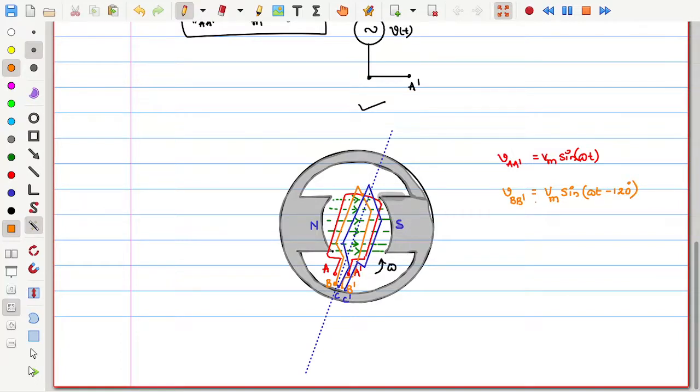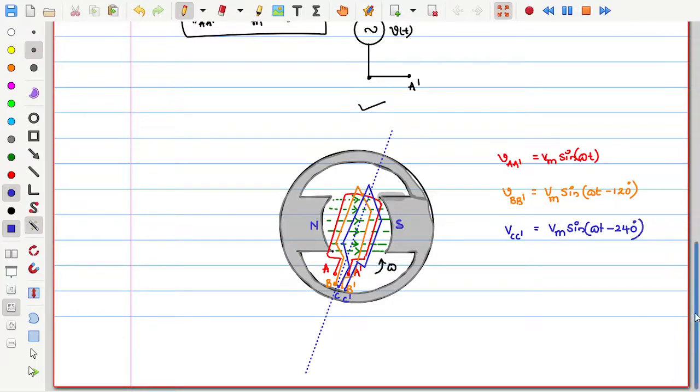So the voltage induced inside this coil will lag the first voltage by 120 degrees. In the same way, the third coil is further lagging the B dash coil by 120 degrees. So 120 further from here, you can write this as minus 240.